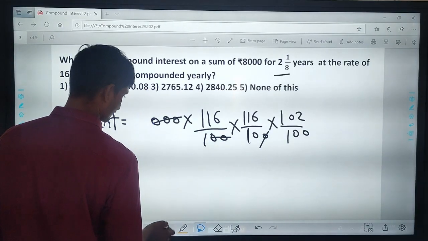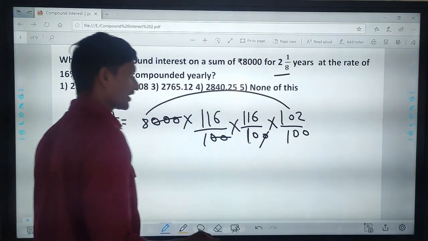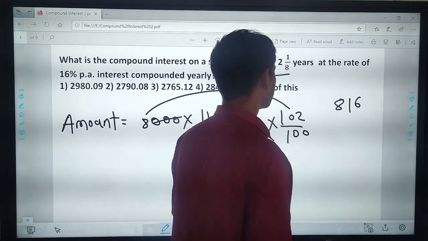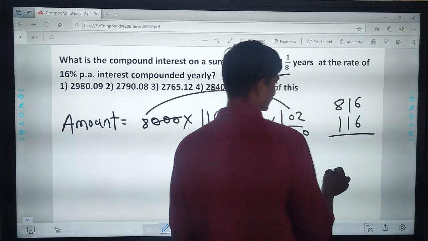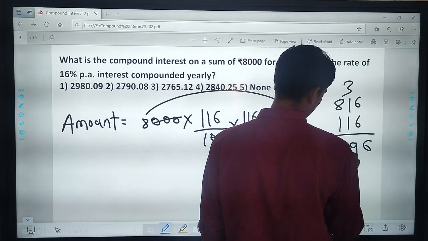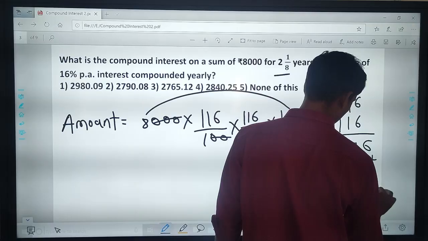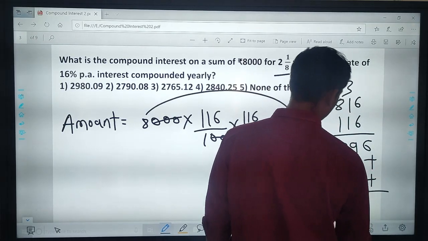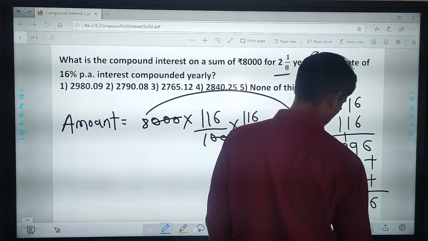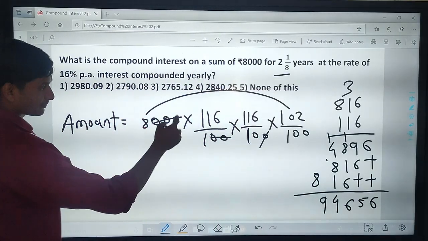Now we get the multiplication. 8 into 102 is 816, and then 816 into 116. Now here we multiply by 116.